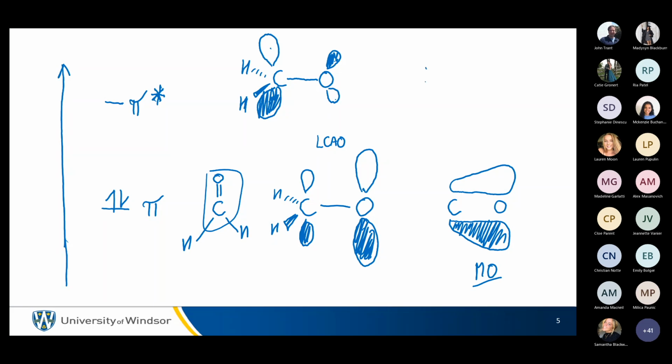Our nucleophile has come in, let's say it's a CH3 minus in this case. It's got lone pairs, and it's taking those two electrons and dumping them into the antibonding orbital. By doing that, it breaks the carbon-oxygen double bond, because when you put electrons into an antibonding orbital, you break a bond. And that's what breaks the double bond and pushes the electrons onto oxygen.